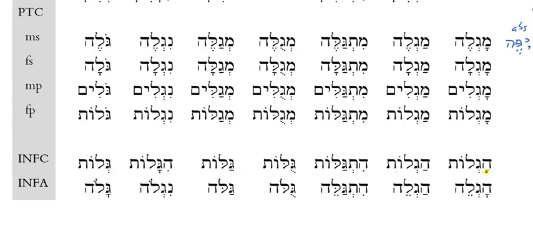Notice it's ot, ot, ot, ot, ot all the way through. That tav is basically the bonus tav that comes down like manna from heaven when we need to create an infinitive construct with a weak verb. Remember, we saw that with aphaeresis in 1 nun verbs and 1 vav verbs.